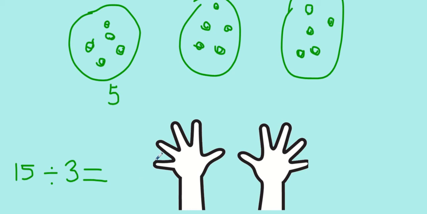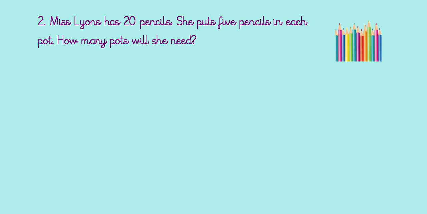Ready, go. 3, 6, 9, 12, 15. So we've got 1, 2, 3, 4, 5 fingers that we used. So there are 5 lots of 3 in 15. Okay? So you could use your fingers or you could draw the groups. It's absolutely up to you. Well done.